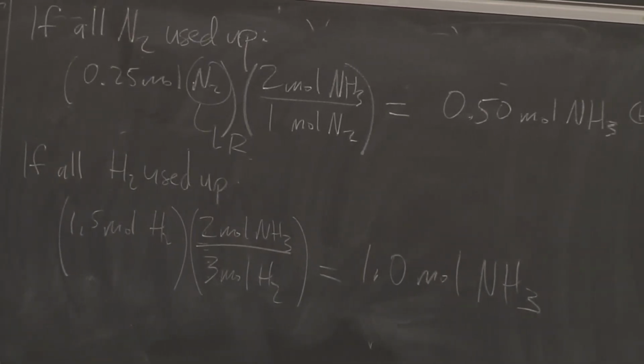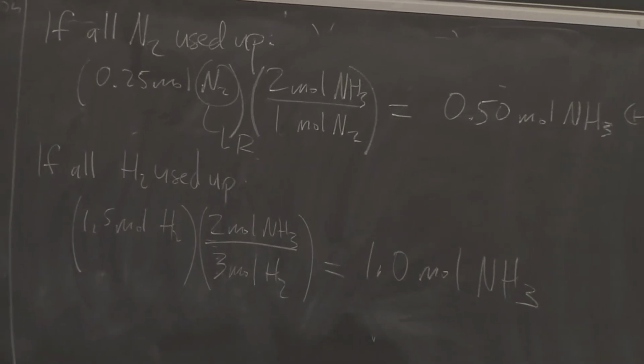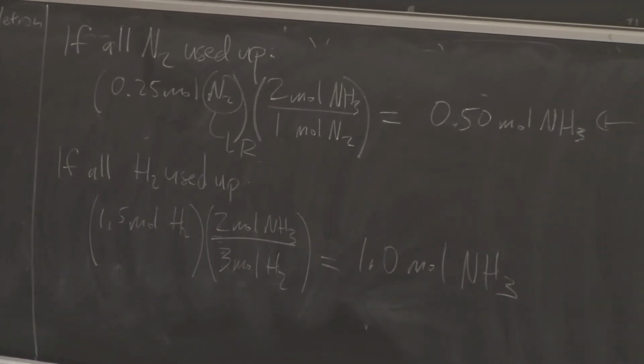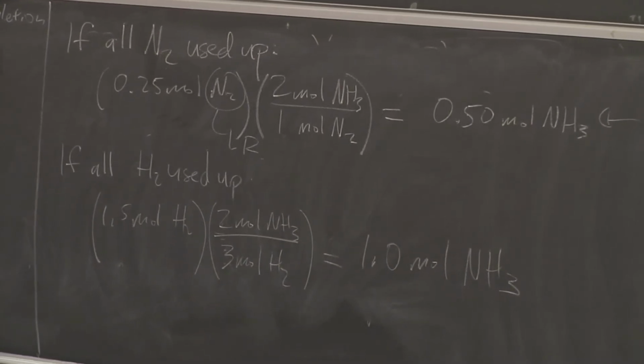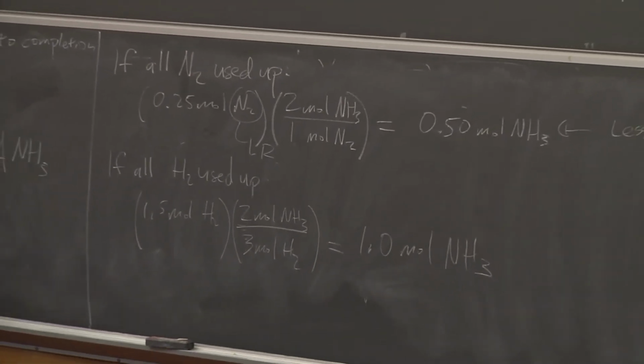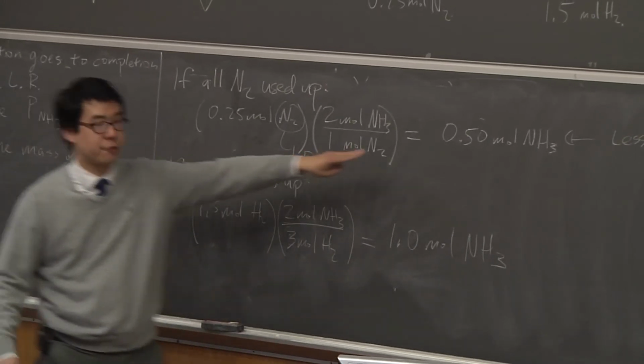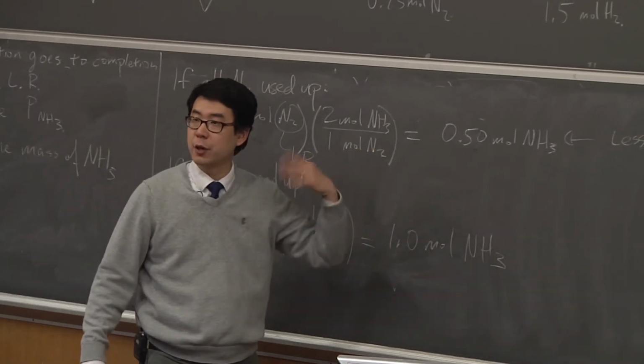So we found the limiting reactant. Can we find the partial pressure of NH3? Well, we've got to make the assumption that the temperature doesn't change. We know that the volume doesn't change, and we know how many moles of NH3 there are. Can we find the pressure?